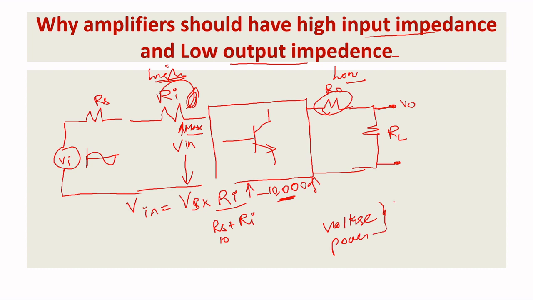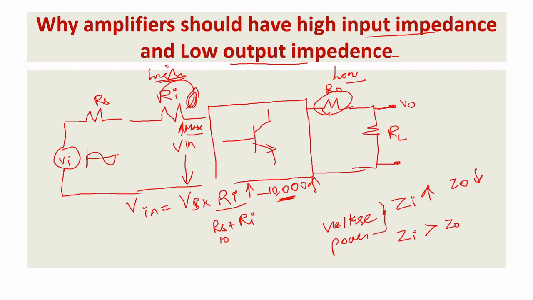In both cases, your input impedance should be high and the output impedance should be less. If you want to say precisely, in the power amplifier, the input impedance will be larger than the output impedance, compared to the voltage amplifier.